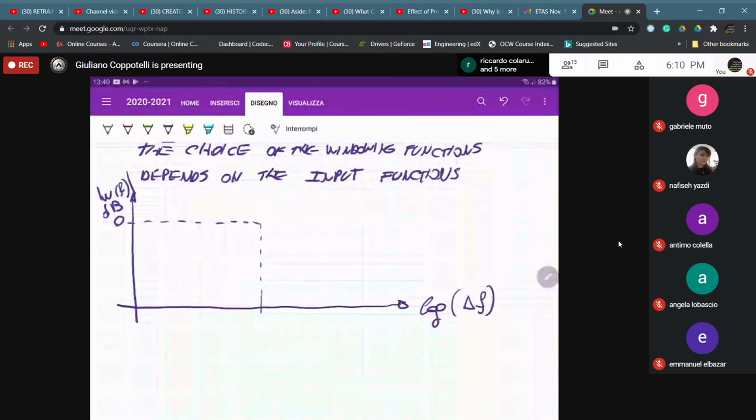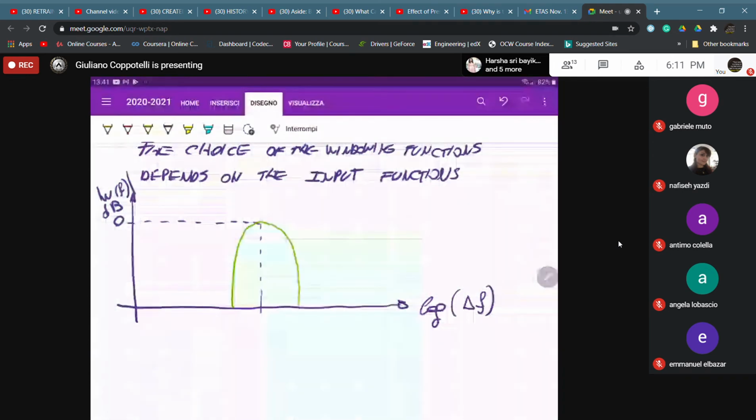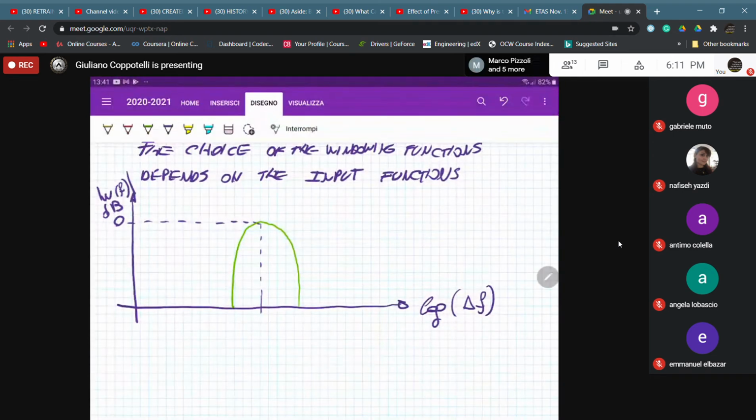What we have is this shape, then we have lower, something like that.